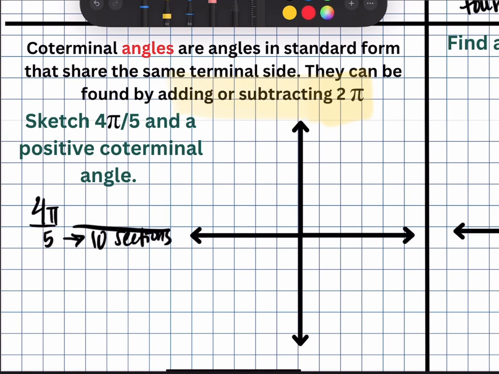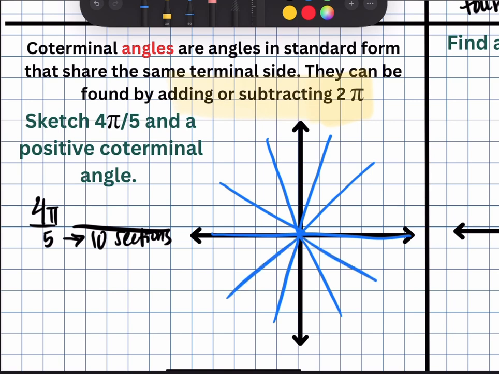So 5 sections on the top and 5 sections on the bottom for a total of 10. And I need to travel 4 of these sections. So 1, 2, 3, 4. Here is 4 pi over 5.